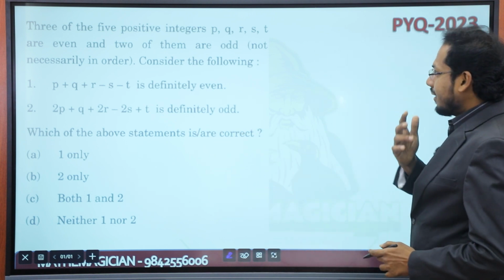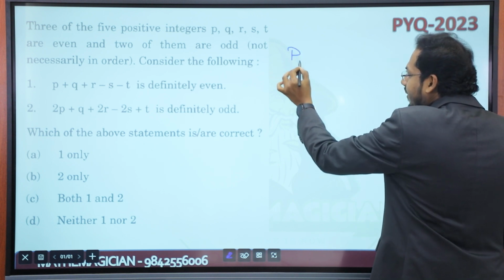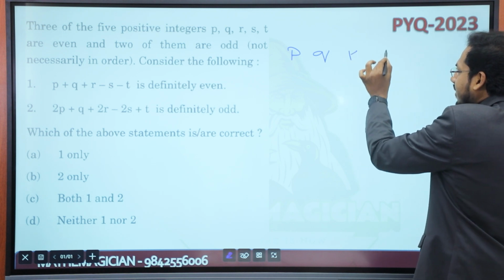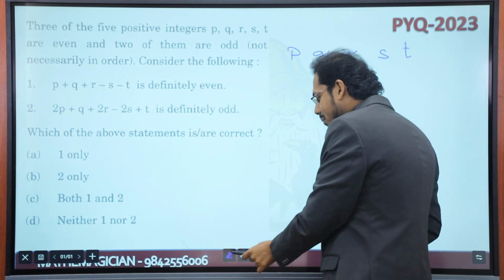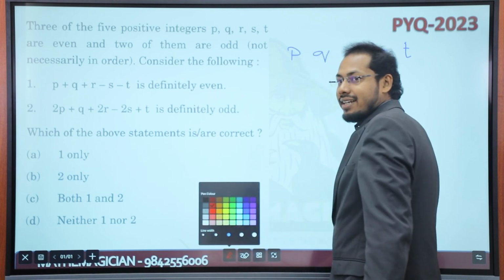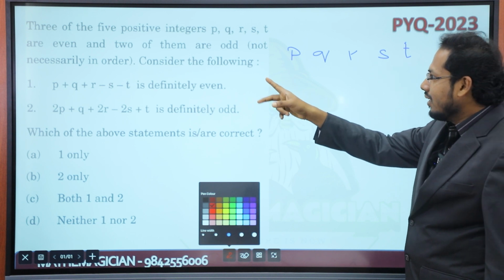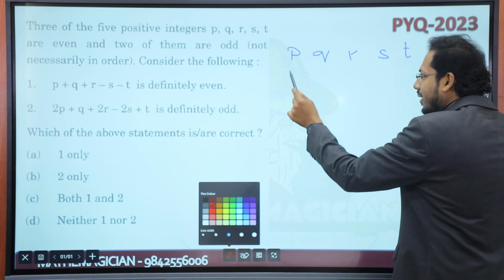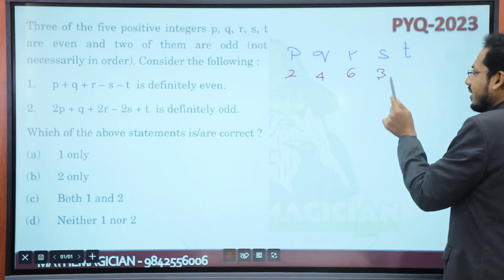Look at this, totally 5 numbers are there, variables p, q, r, s and t. I am going to take some combinations of numbers for checking this. They say that 3 are even numbers and 2 are odd numbers. First take as it is: even numbers 2, 4, 6, odd numbers 3 and 5.